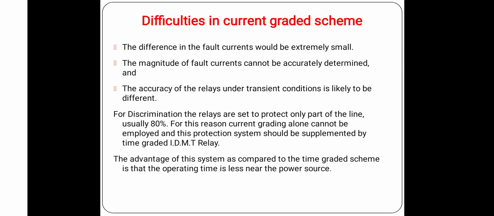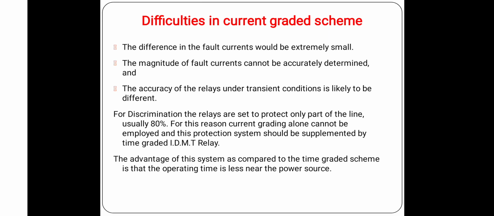The current graded scheme is used where the impedance between substations is sufficient to create a margin of difference in fault current. For such a system, the source impedance is small compared to the impedance Z1 or Z2. We have assumed any one value.